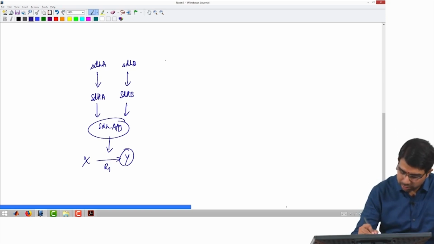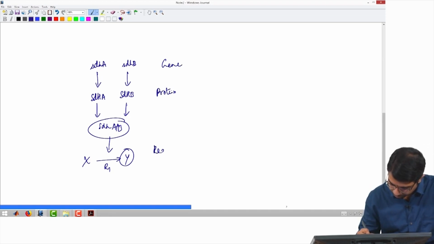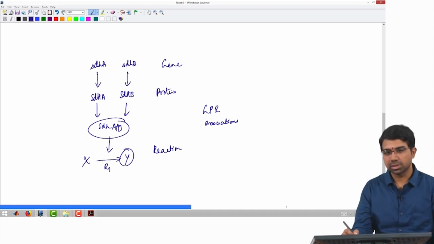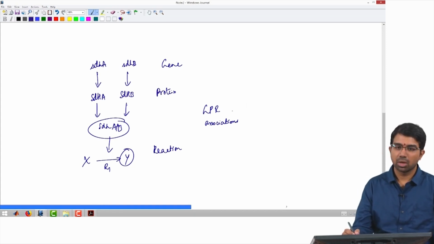So, this is called gene protein reaction or GPR associations. This is a very important step of metabolic network reconstruction or curation.